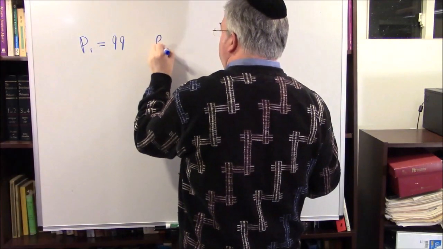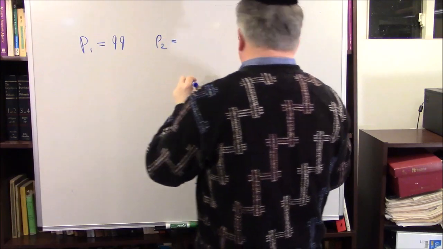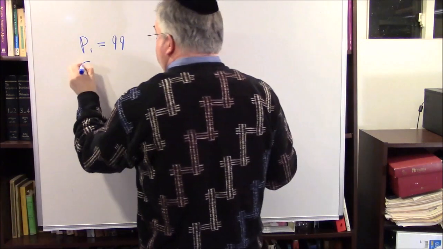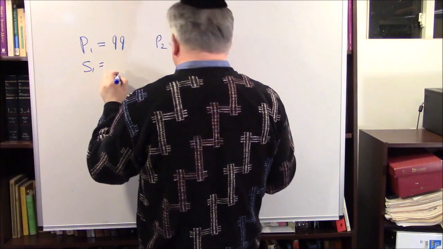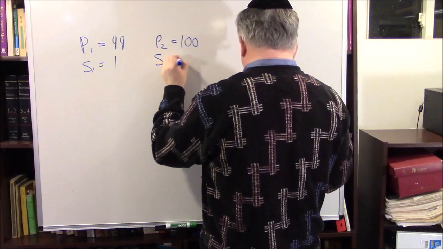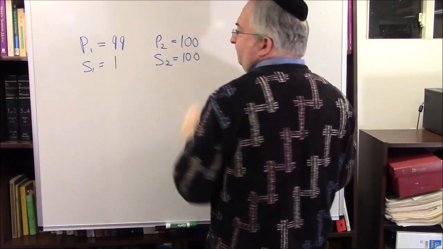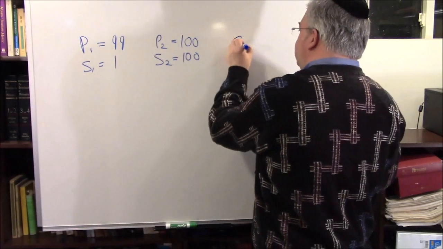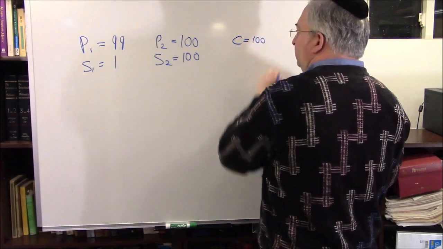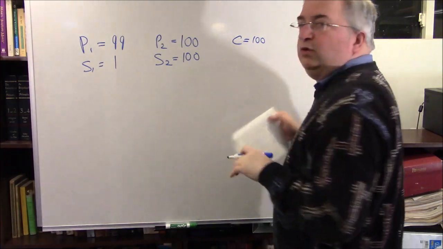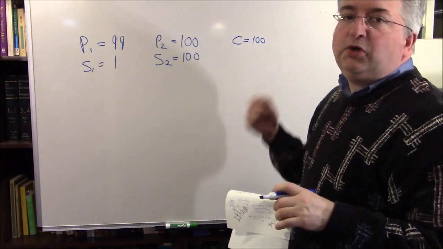P2 is $100. Great. S1 is 1. S2 is 100. Okay, great. The capacity is 100. And instead of giving you the goal, I want to find the most money I can make.